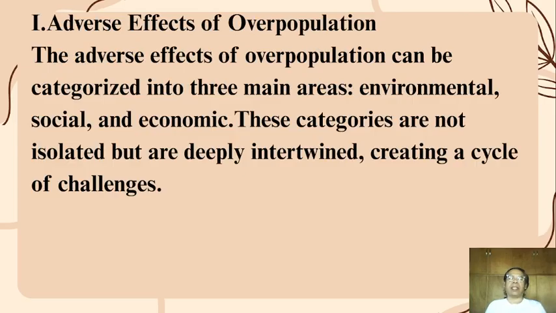Adverse effects of overpopulation. The adverse effects of overpopulation can be categorized into three main areas: environmental, social, and economic. These categories are not isolated, but are deeply intertwined, creating a cycle of challenges.